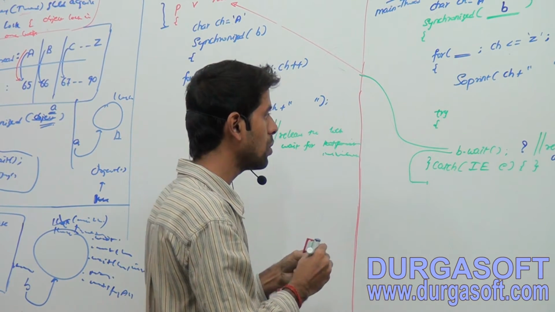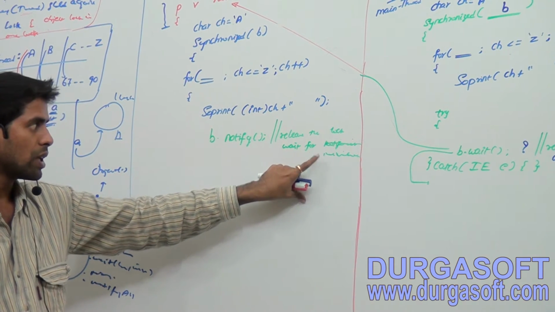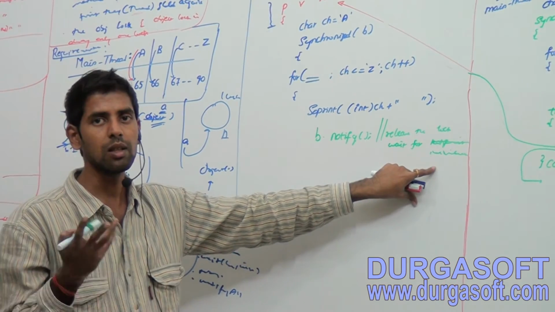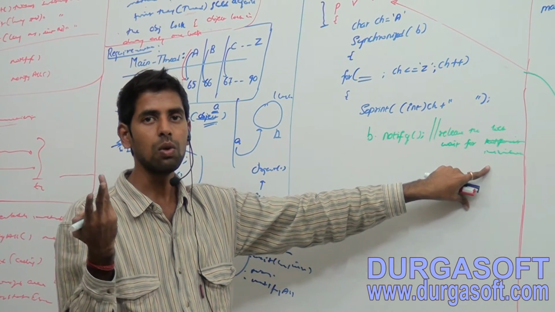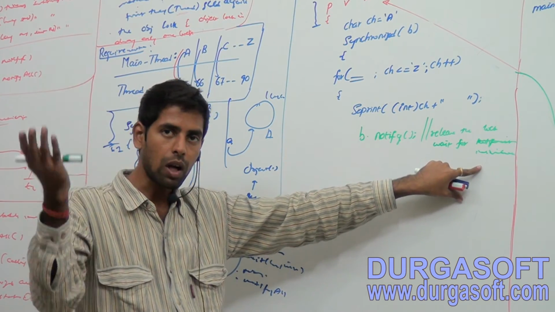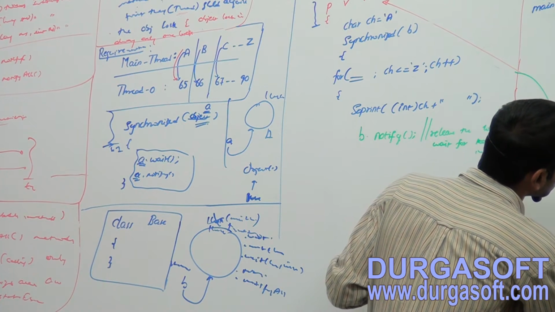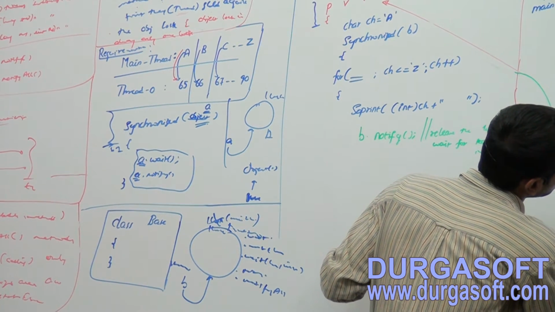Now what you have to do? It will release the lock and it is waiting for intimation. Simply what you have to do? Notification, that is, perform some message or updation to this object. Let it be b dot notify.